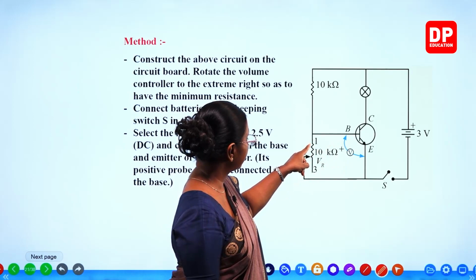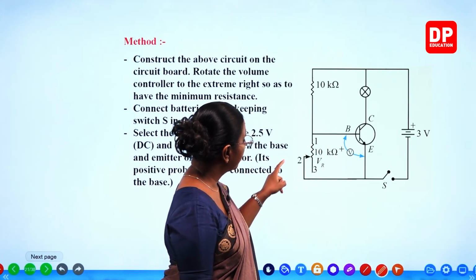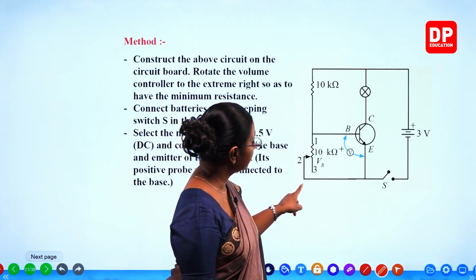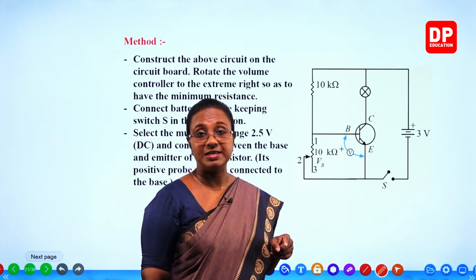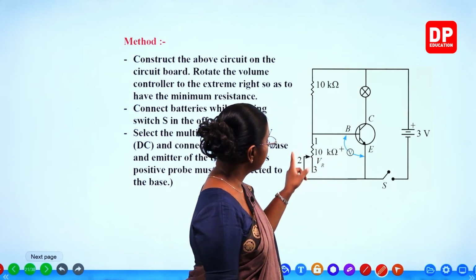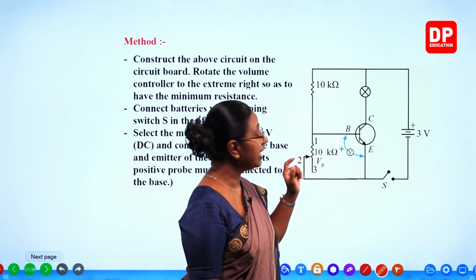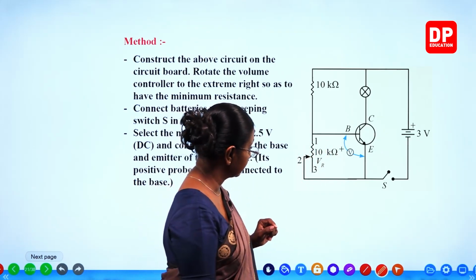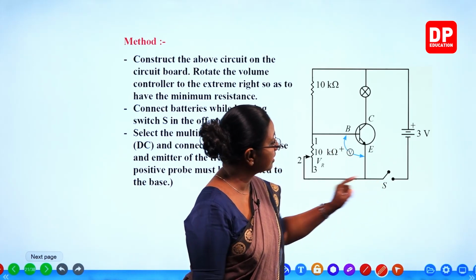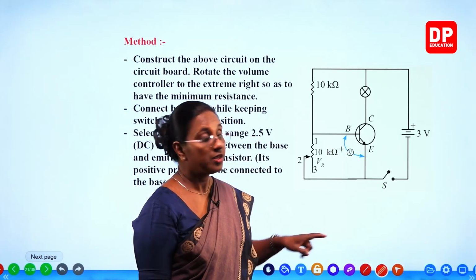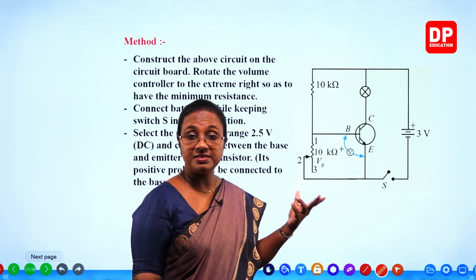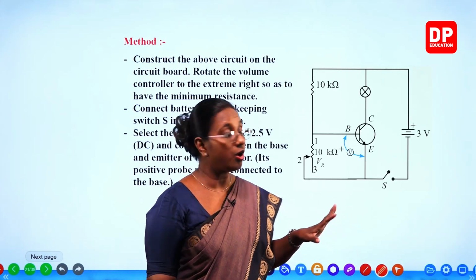So the base is connected to terminal 1. Then you can see the second terminal is connected to the emitter. That is a volume controller that can provide a 10 kilo ohm resistance. Then the emitter is connected to a switch, so that we can turn on the switch and see whether the circuit is functioning or not.